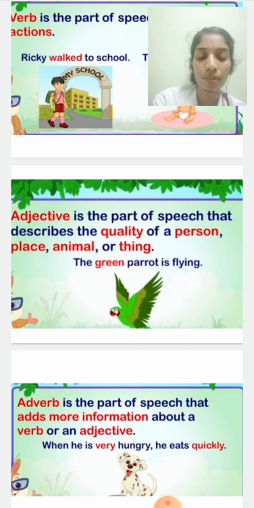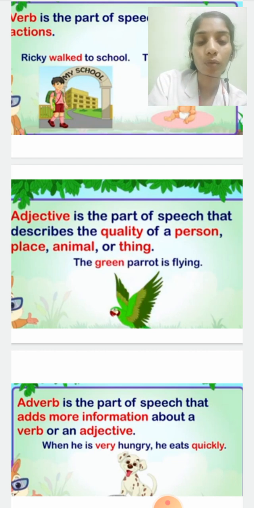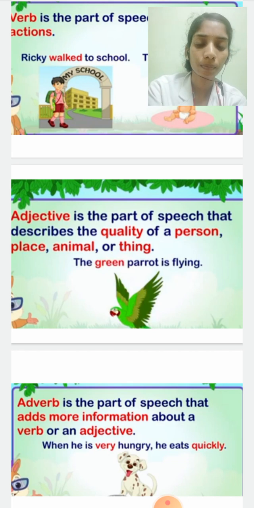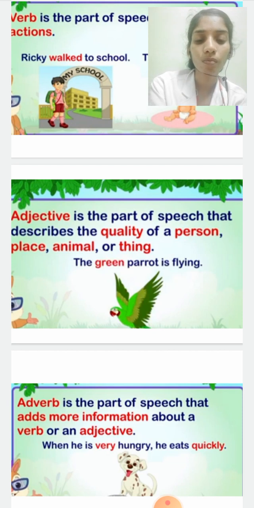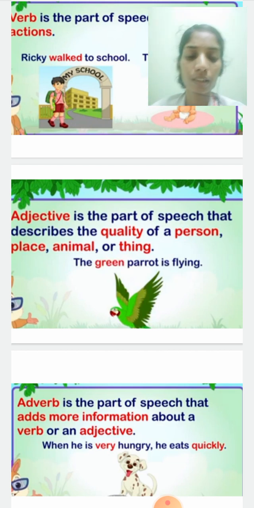If we simply say the parrot is flying, we are not giving much information about the parrot. When we say green parrot, we are giving additional information about the particular thing. Here the bird is a parrot, and we are giving the additional information that the parrot is green.